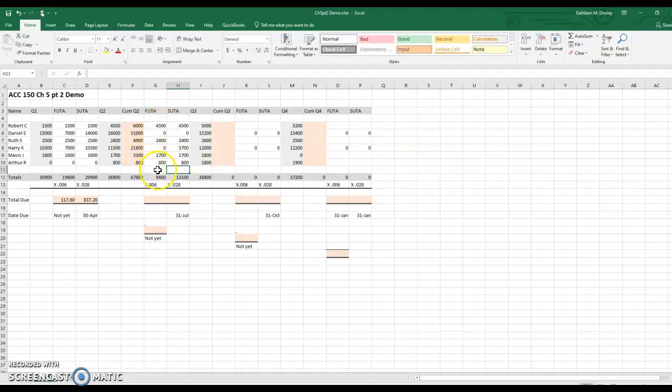Okay, so my total taxable wages for FUTA is 9,400. I multiply that times 0.006, and that's $56.40. Okay, I can take the 117.60 and the 56.40 and add them together.